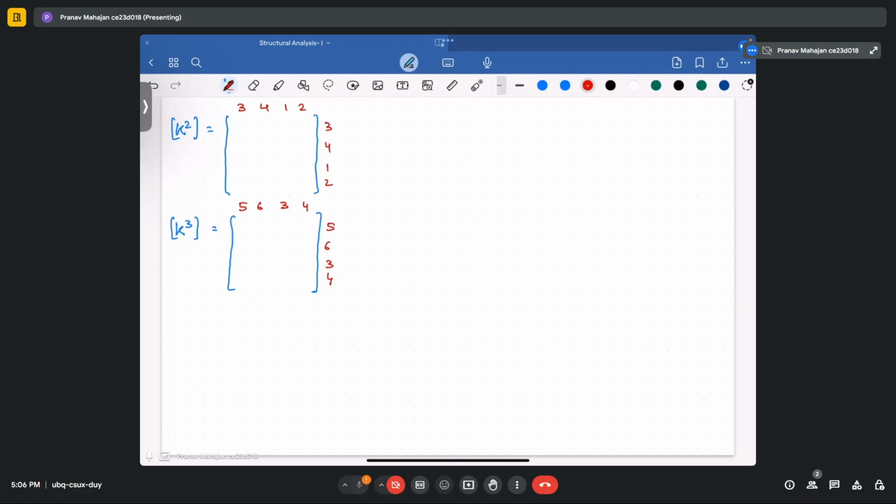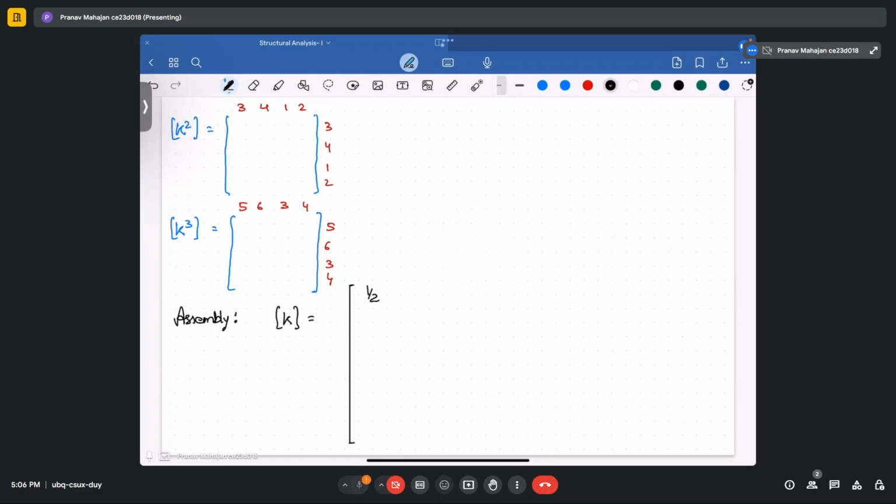Now, if you have to assemble all the three matrices, it depends upon the numbering you are doing. So your K matrix will finally become a 6 by 6 matrix like this.